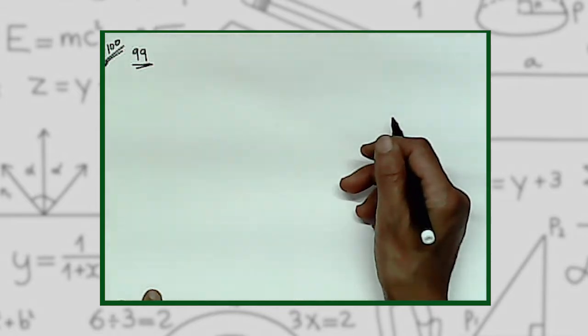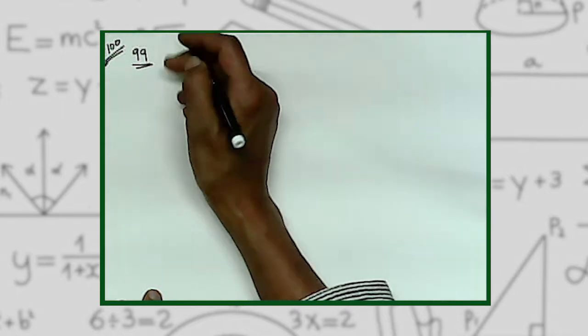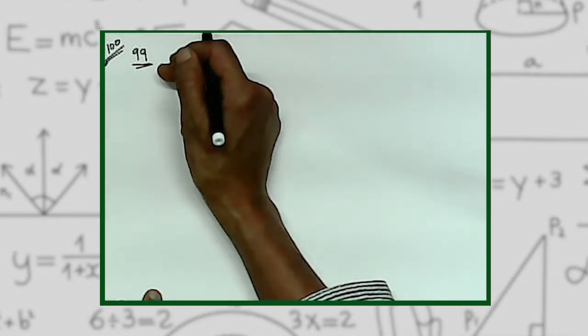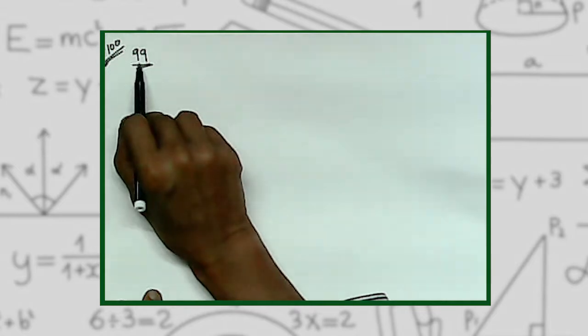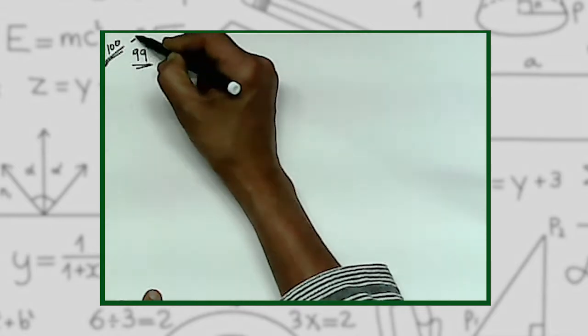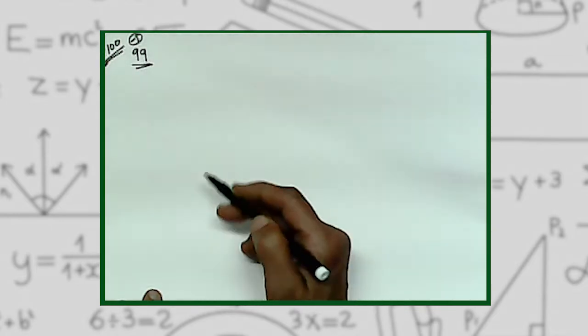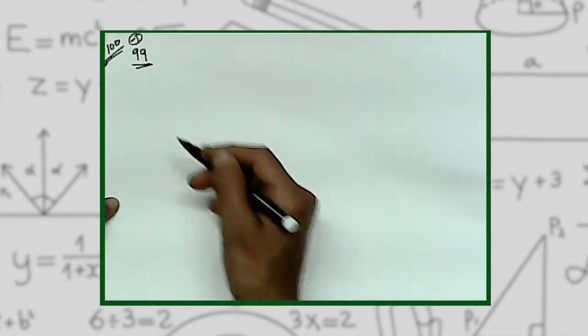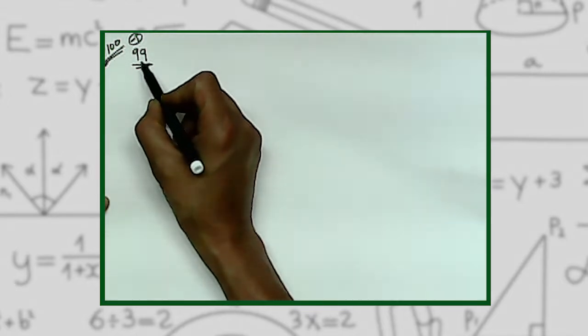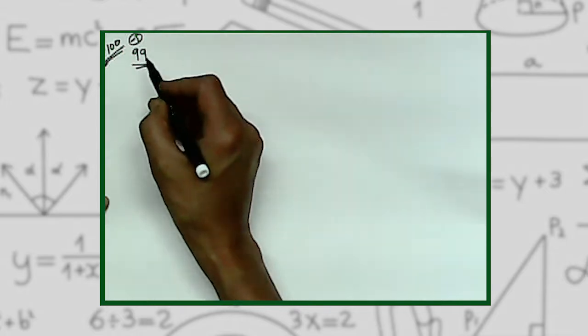So we will be able to form this table in few seconds only. Now see, what is the difference between 100 and 99? It is minus 1. As the difference is minus 1, we will subtract 1 from 99.